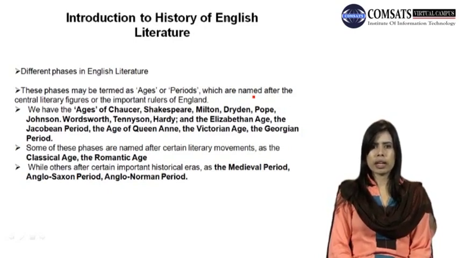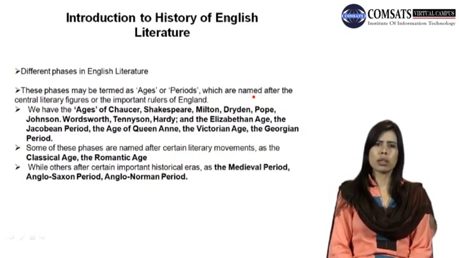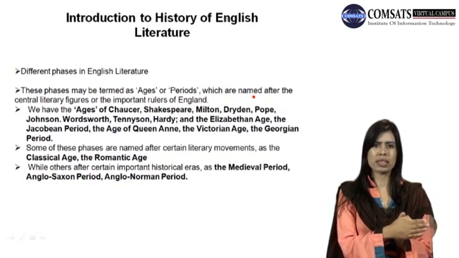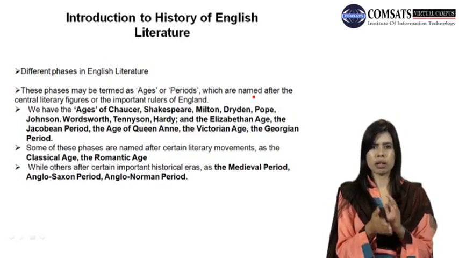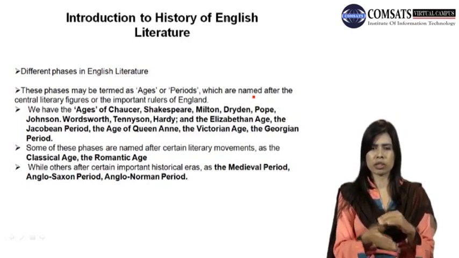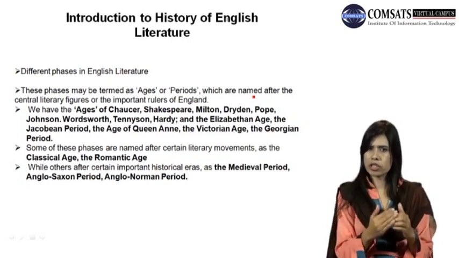There are different phases in English literature. This is not something which is just fixed to 1 century or 2 centuries only. It is a very rich literature, so it is comprised of different phases. There are certain transitions, certain ages in the history of English literature.